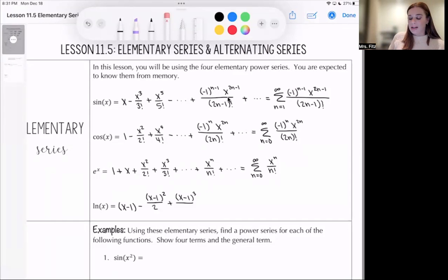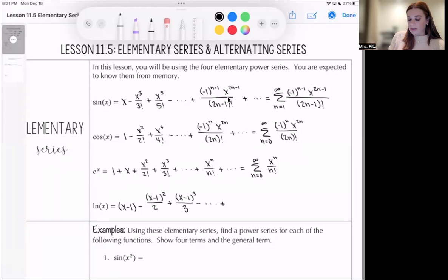We derived this one a while back, so it's actually just x minus 1 squared over 2, x minus 1 cubed over 3, minus dot dot dot, and we can do our general term.